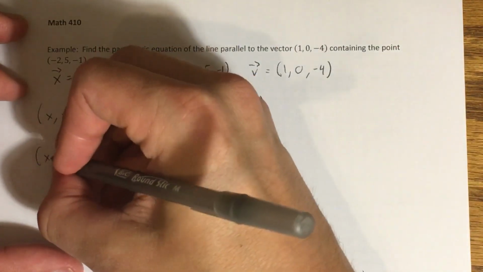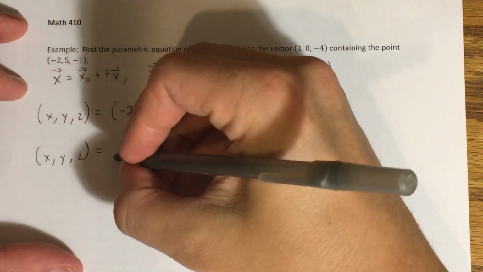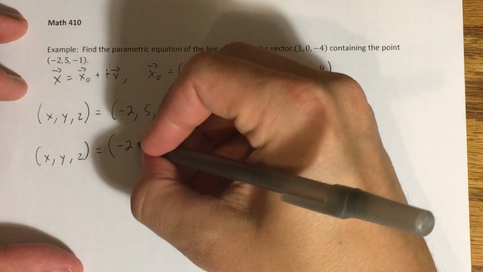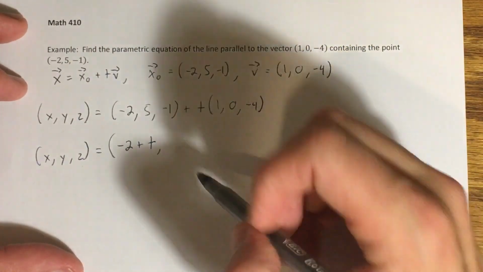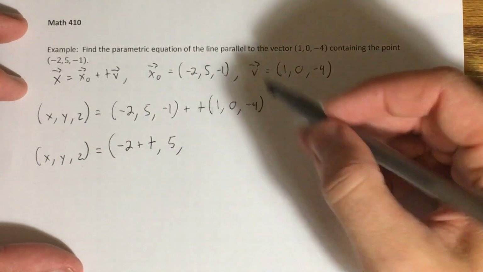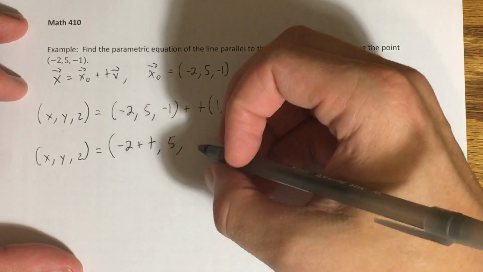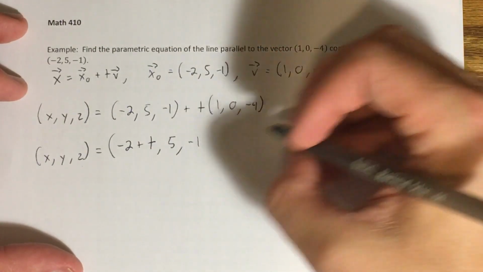This can be written as x, y, z equals -2 plus t, then just 5 plus 0t, so I'm not going to write that, and then -1 minus 4t.